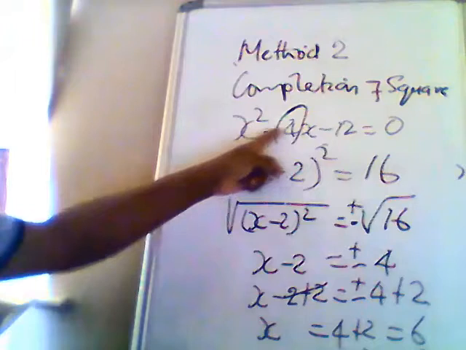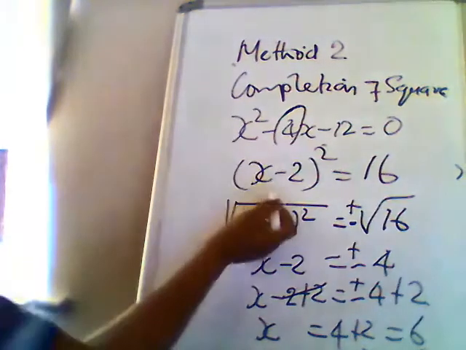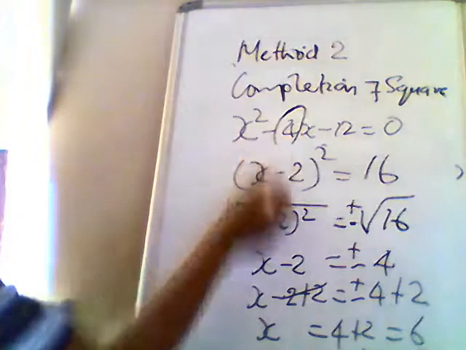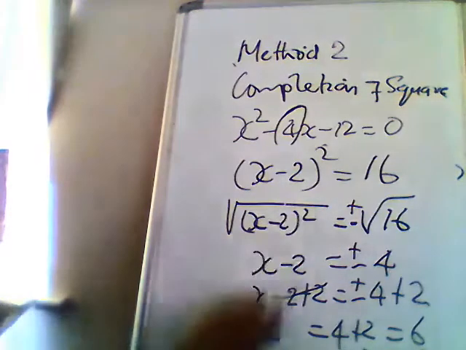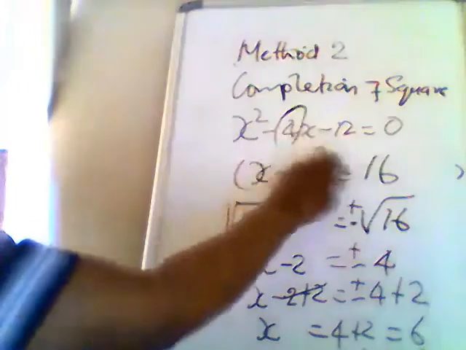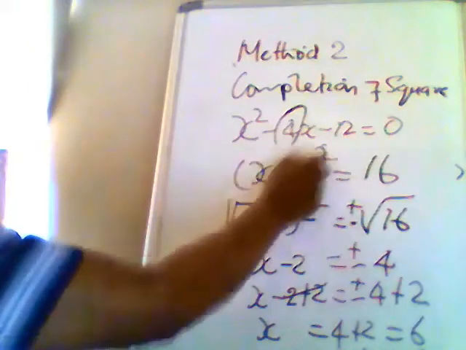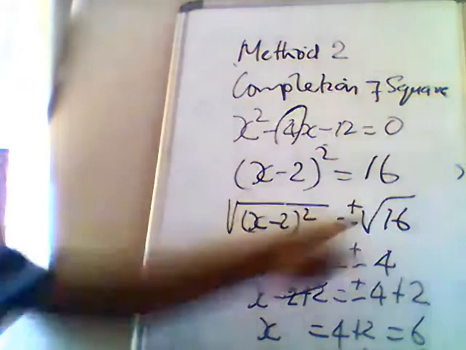But because it was negative there, that's why this negative is there. So what you need to mind is this sign here. If this was a plus, this would have been a plus. But subtracting the square, the half of that coefficient of x that you had, you still need to subtract from the rest.